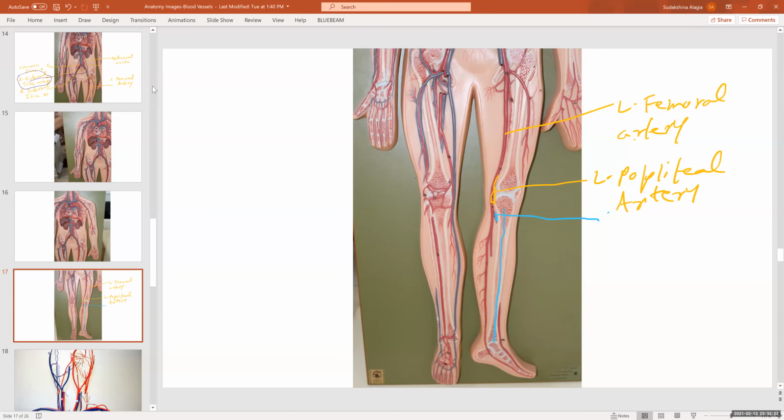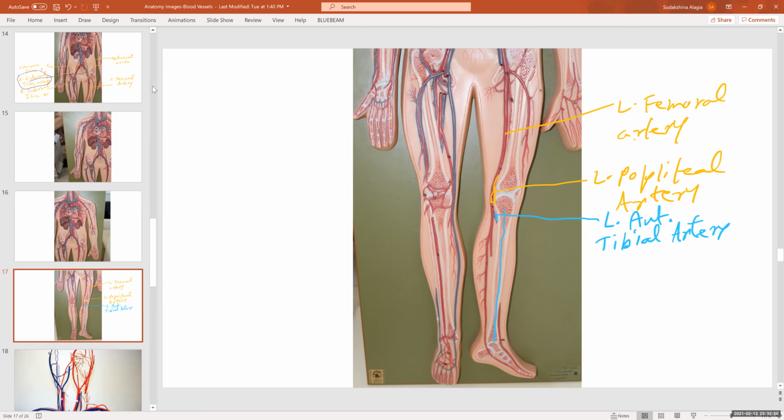This is the left anterior tibial artery. Then the next two branching are basically tibial artery and fibular artery following the bones.